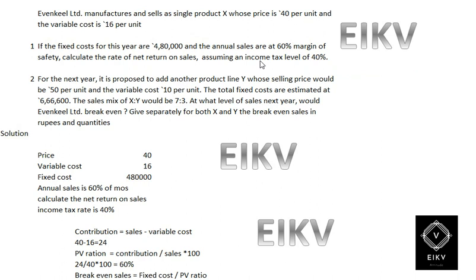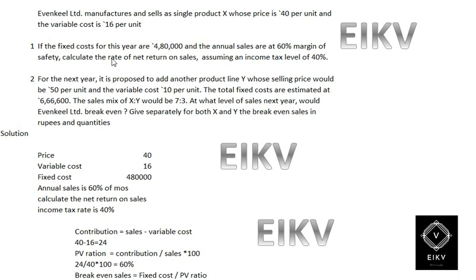So here there is only one product which has a selling price of 40 and its variable cost is 16 rupees, and it has a fixed cost of 4,80,000 rupees. They have told us that the annual sales are at 60% of MOS.